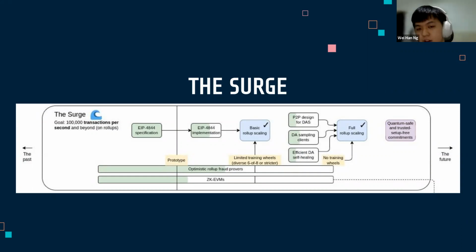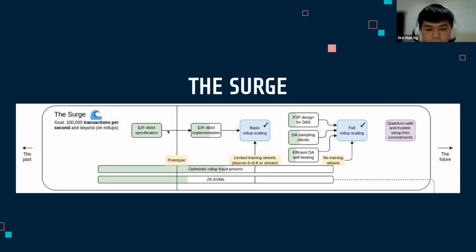If you compare it with traditional banking or financial systems like Visa or MasterCard, they have, I think, 100,000 transactions per second, right? So if you want to compete with those traditional Web2 systems, if you want to onboard more people into this ecosystem, we want to scale up our network. Hence we have the Surge, right?